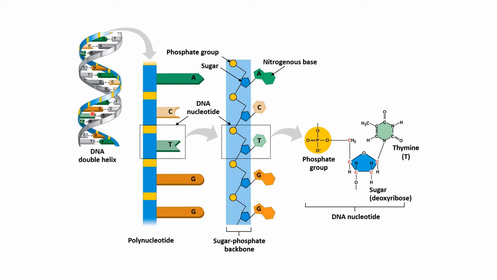Now, sticking out of the backbone of your DNA, you have the bases. DNA has four bases: adenine, cytosine, thymine, and guanine. So you have those four bases sticking to the backbone of our DNA.